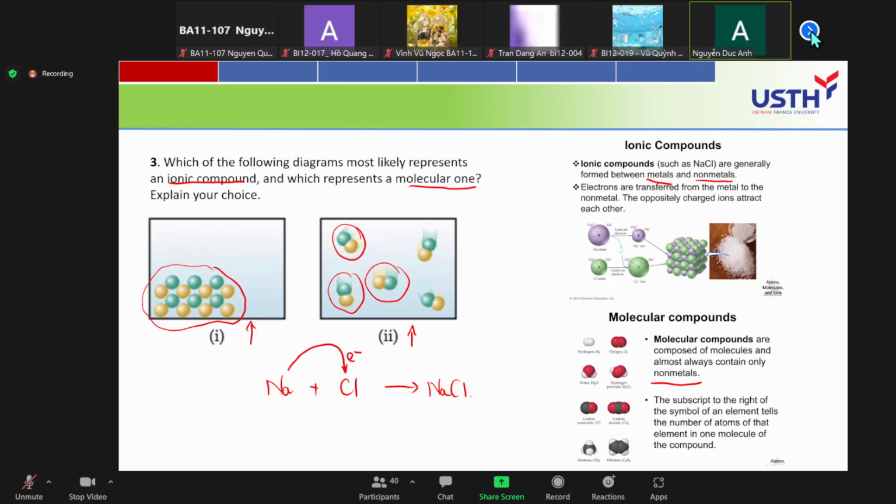So at the very first moment, sodium becomes sodium plus and chlorine becomes chloride minus. Now you have a positive charge and a negative charge, and they attract each other. By that, you form sodium chloride.